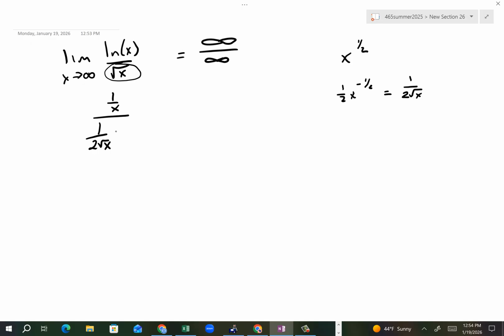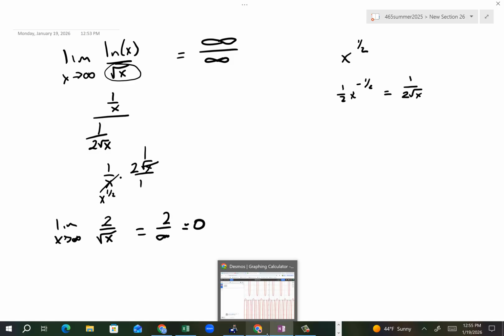Don't screw that up. Now watch Mr. Groom play little musical chairs. That's 1 over x times 2 root x over 1, and you end up with 2 over root x. And so you get the limit as x approaches infinity. Well, there's 2 on top, and infinity on the bottom, so the whole thing is going to 0.